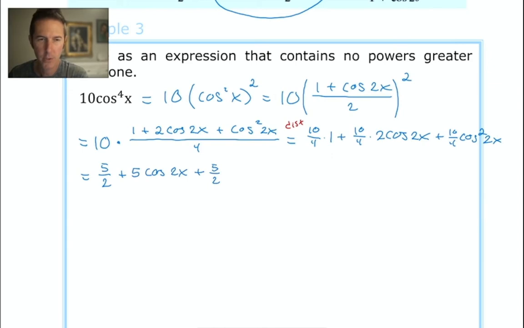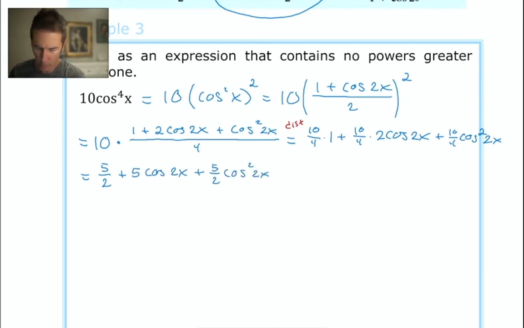I guess we could change it now. So we've done some reducing in the first term, some simplifying in the second term. We took the 10 over 4 in the third term and reduced it to a 5 over 2. That's the last thing we did. Forget power reducing for now, I'll do it in the next step. Cosine squared 2x.